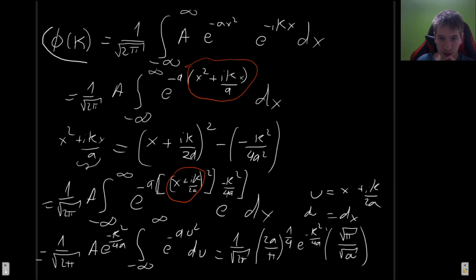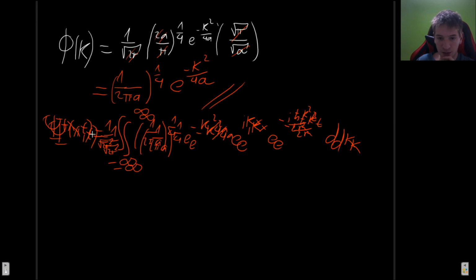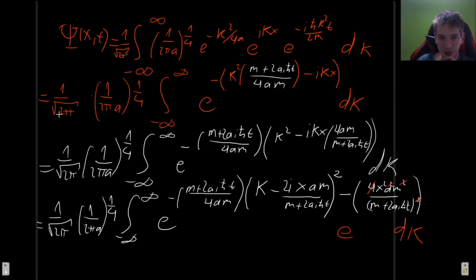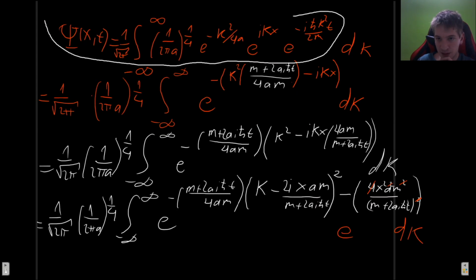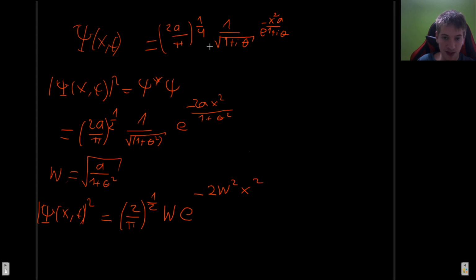Then we determined phi of k using the formula derived in the previous video. We found phi of k, and we used it to find psi of x comma t, for which we needed to solve another integral.